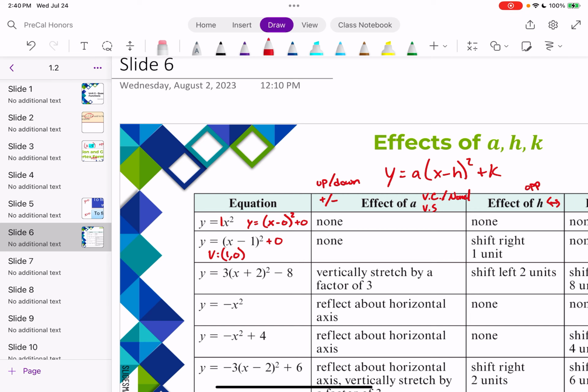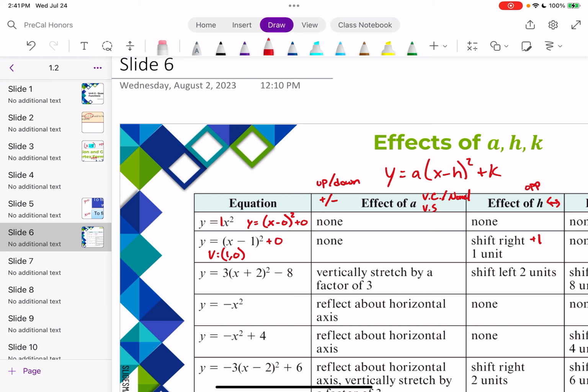Let's take a look at our A. In this case, do we have a number in front? No, we don't. There is no transformations. Now, since we do have a number on the inside of the parentheses, that means that there is going to be a shift. Remember, we do the opposite for H. We see x minus 1, which means it's going to be a positive 1.